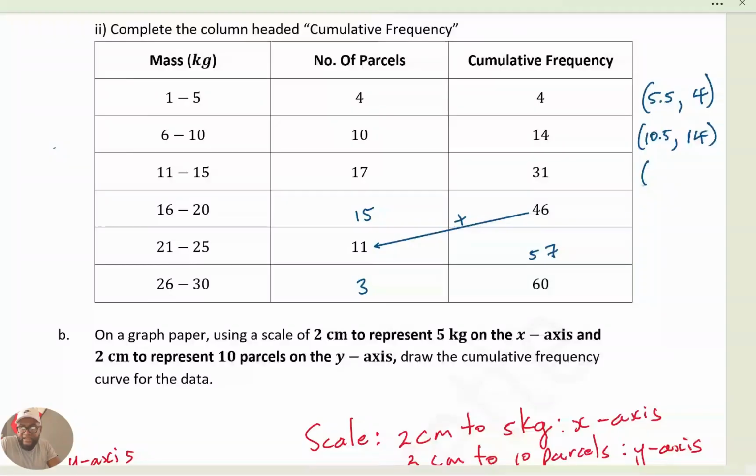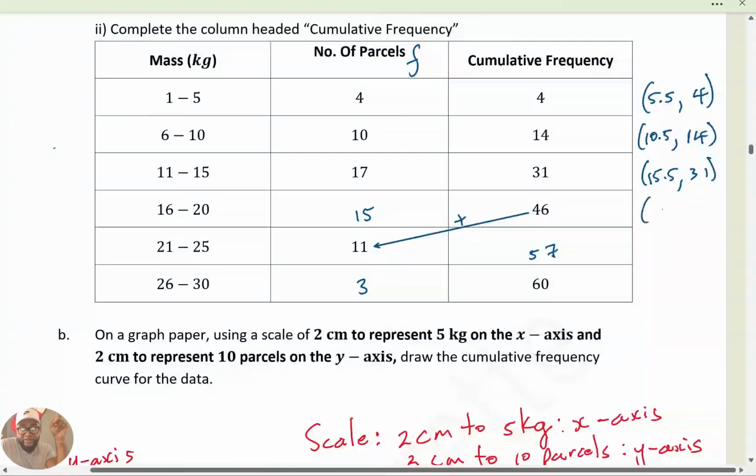So that's my second coordinate, right? What is the upper class boundary for the next class interval? Come on. Upper class boundary, 15.5. And what's the cumulative frequency? 31. Excellent. Remember, we're looking at cumulative frequency, not frequency, which will be the parcels. This will be a frequency here. All right? Let's go. Next class interval.